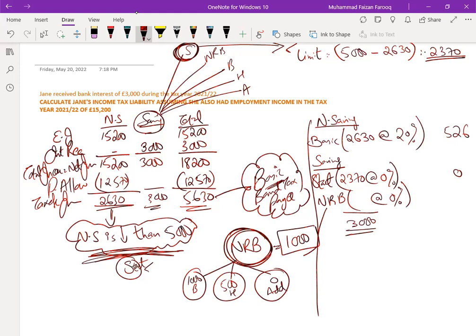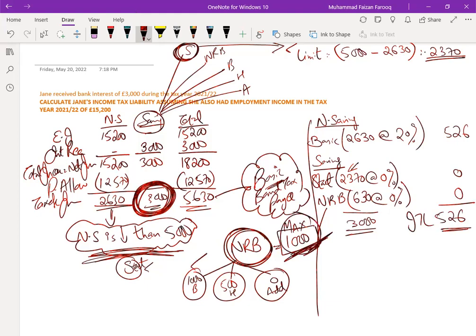Our interest income or taxable savings income is how much in total? 3,000. Out of which how much falls in the start band? 2,370. How much is left for the nil rate band, which has a maximum limit of 1,000? 630. This 630 I will put here, right or wrong? Yes. Why do I put it here? Because the allowed limit in this question is 1,000, since this guy is a basic band taxpayer.